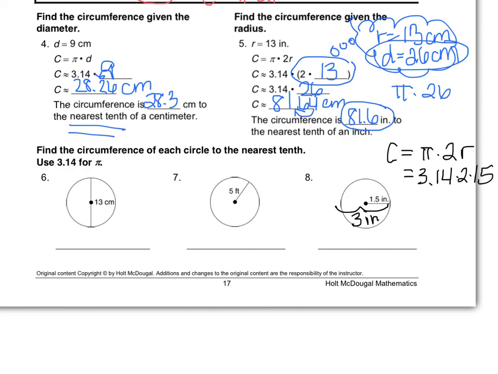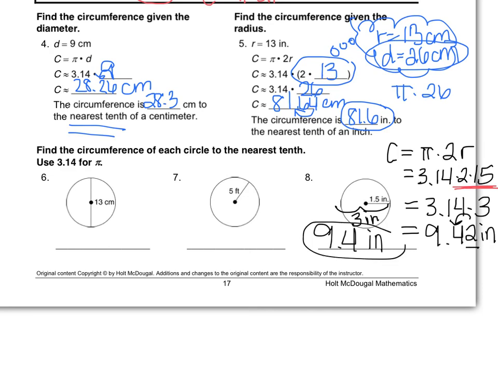Well, I know that 2 times 1.5 is 3. So I'm going to have 3.14 times 3, which would be 9.42 inches when I calculate it in the calculator. But we're going to round to the nearest tenth, so that'd be 9 4/10 inches.